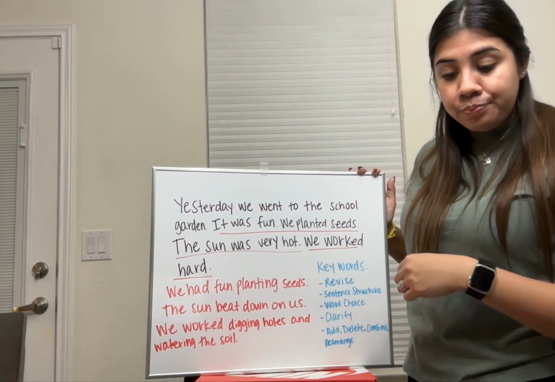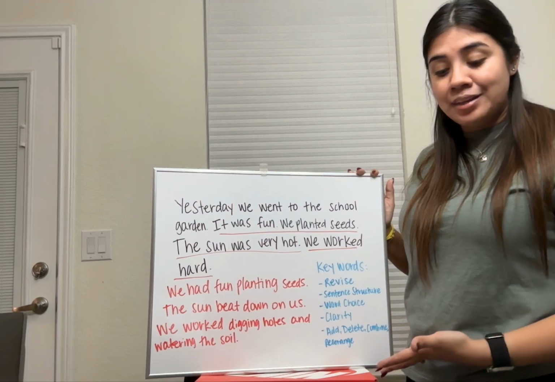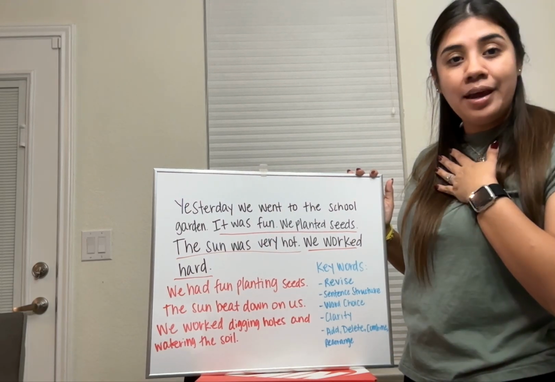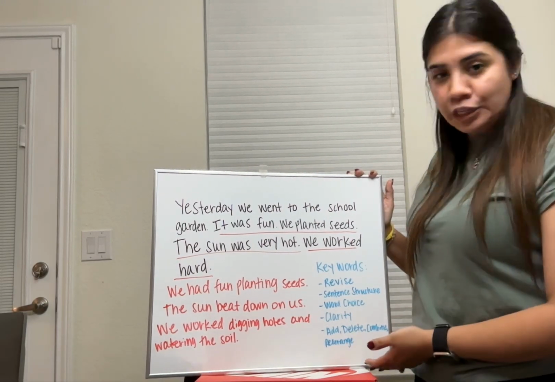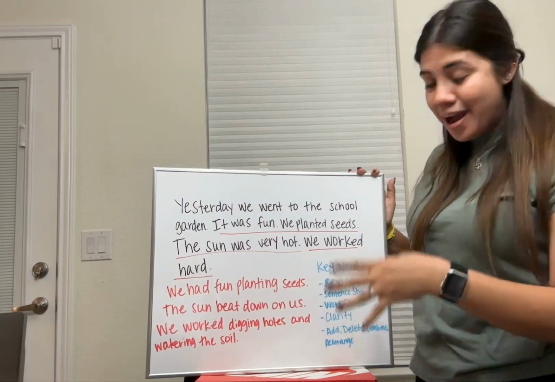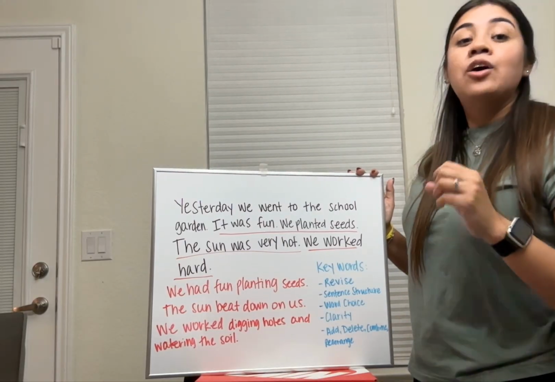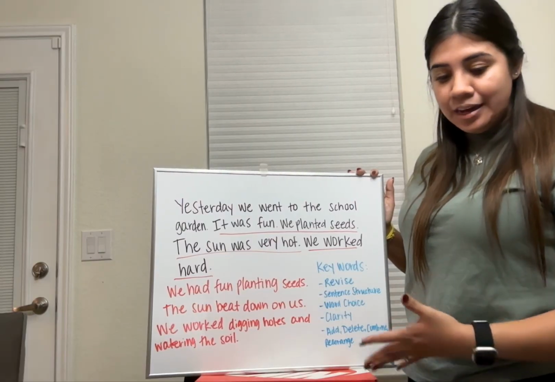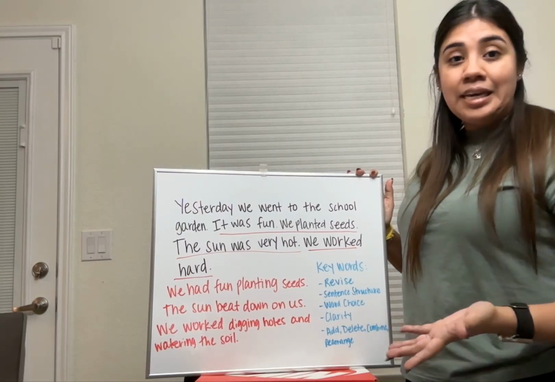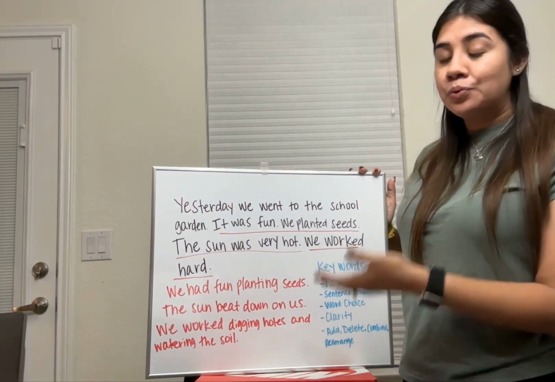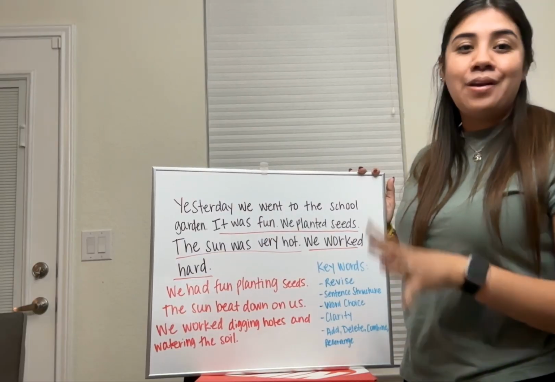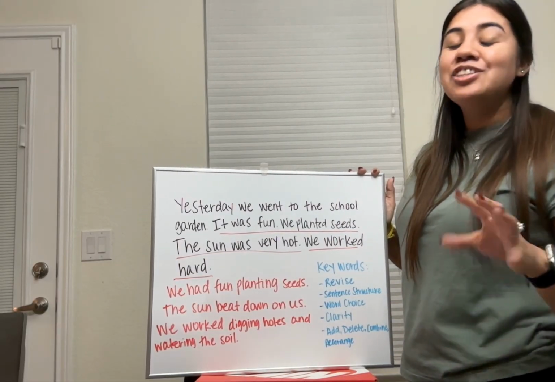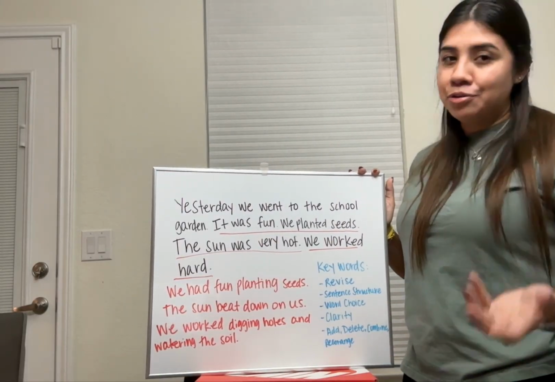So now that you've seen me revise, you've seen how I combine ideas, how I use my keywords over here, revising, clarity, word choice, adding, deleting, rearranging, combining, all of that. You see how easy it is to revise a paragraph again, but not by deleting, but by changing little things here and there on what you already have.